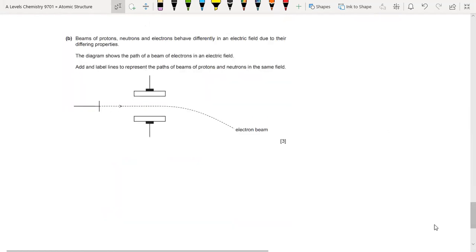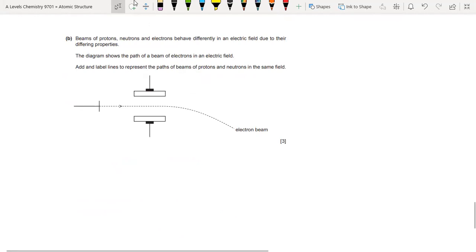Question is: beams of protons, neutrons and electrons behave differently in an electric field due to their differing properties. The diagram shows the path of a beam of electrons in an electric field.